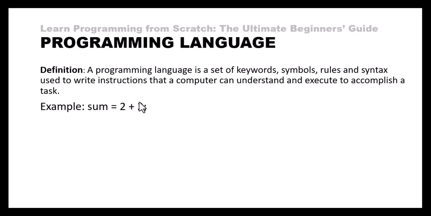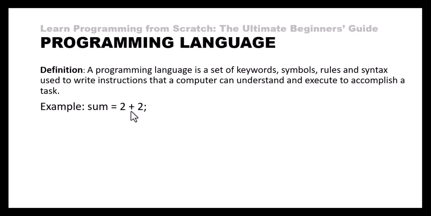Then I use the plus symbol, which is the symbol of addition. 2 plus 2 is going to be 4, and that value is stored in a variable called sum. This is a very basic example of how a computer program operates. It uses a symbol, a number, another symbol, and some letters and words. That's what a computer program looks like.